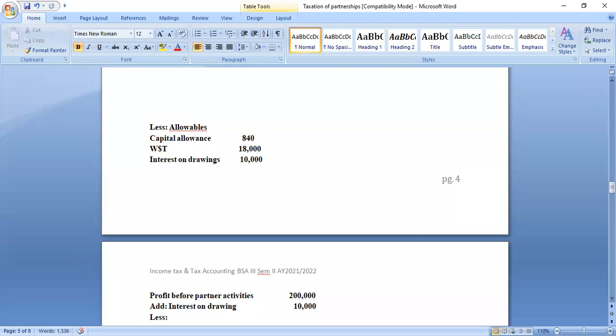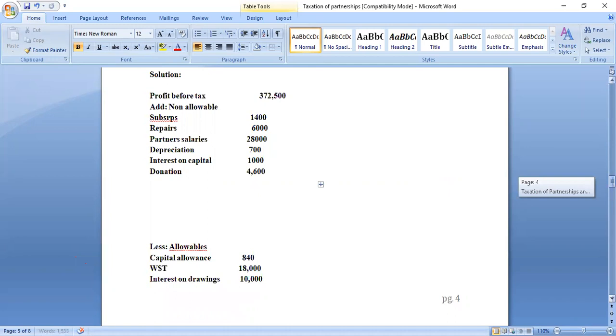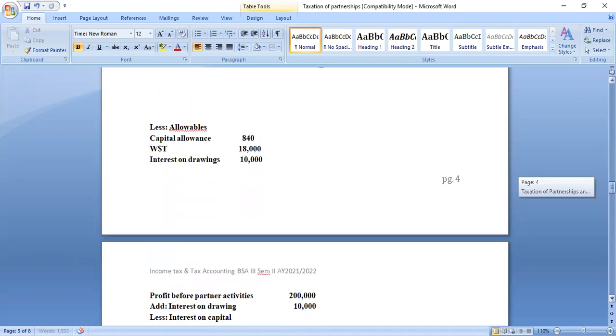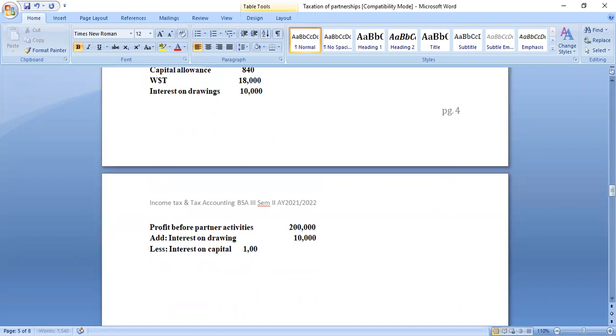Then you less expenses. We have interest on capital. Check the amount, it is 1,000. Then you also have salaries for partners, 28,000.